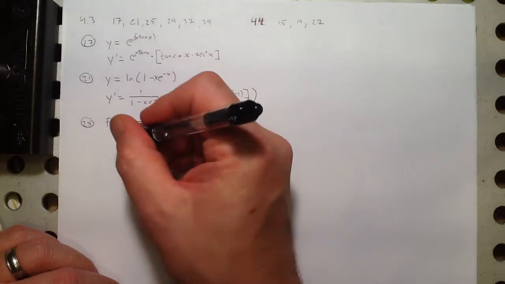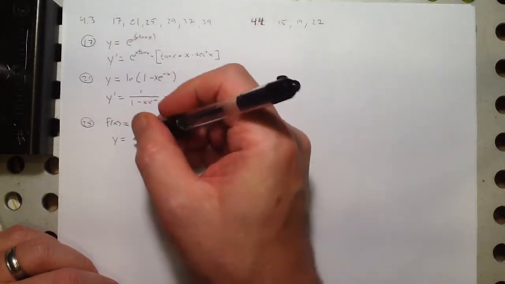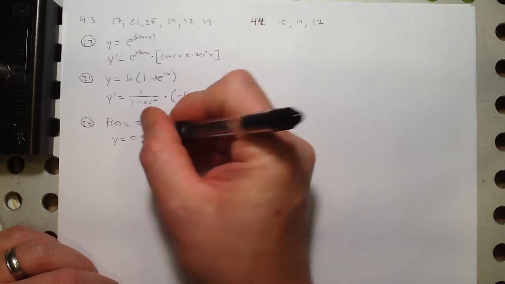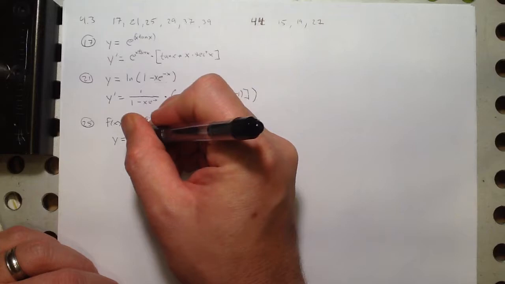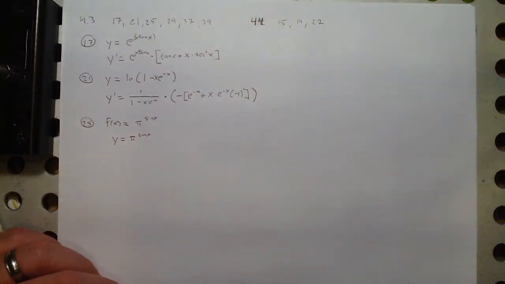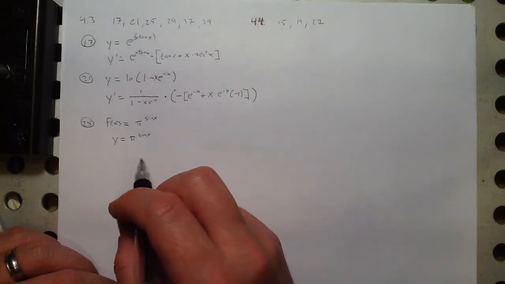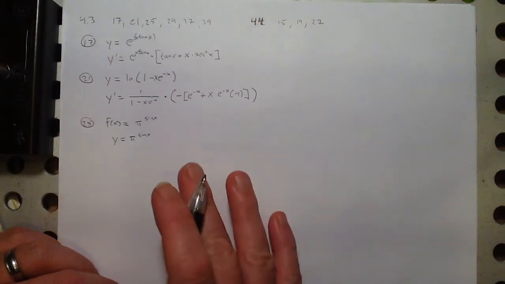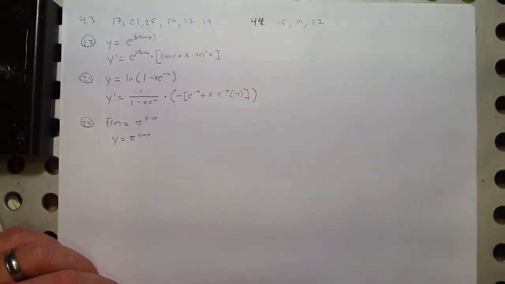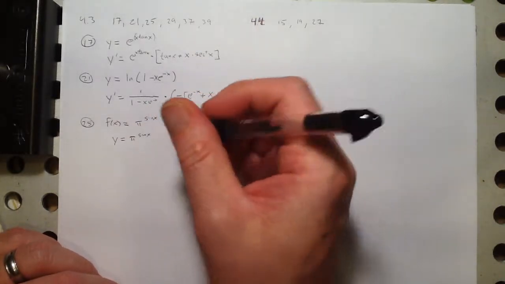I'm going to rewrite that as y equals, instead of f of x notation, just because I think that makes it a little bit easier to do in logarithmic differentiation. So the directions here say use formula 7 and then by logarithmic differentiation. So I'm going to skip the formula 7 part and I'm just going to go ahead and do logarithmic differentiation here. So I'm going to take the natural log of both sides of this.